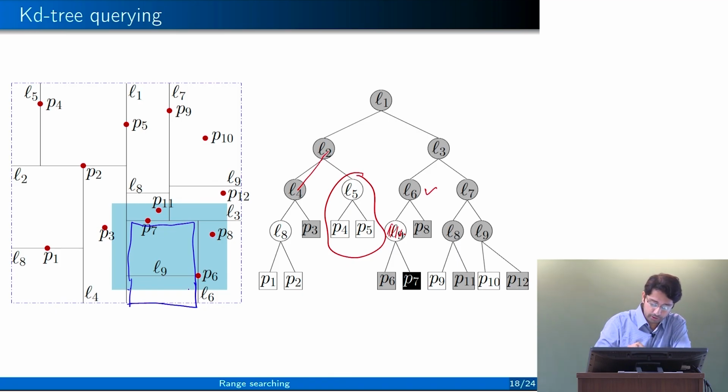Right, okay, sorry, my mistake. So, this is L9. L9 divides the query into two parts.